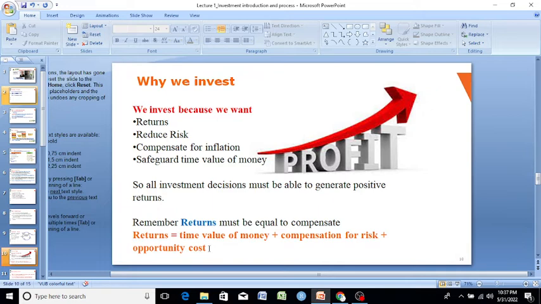It must provide compensation for the risk that we are bearing in the investment decision, and after all, it should also be able to compensate for the opportunity cost. When we add these three values, the time value of money, compensation for risk and opportunity cost, it gives us the required rate of return on an investment opportunity.